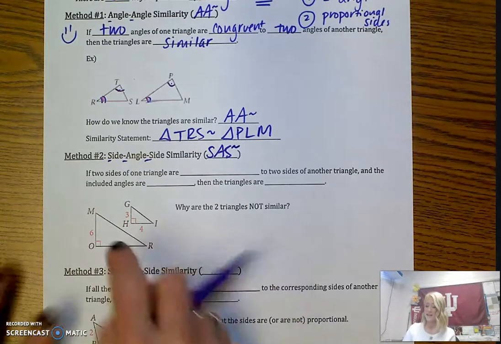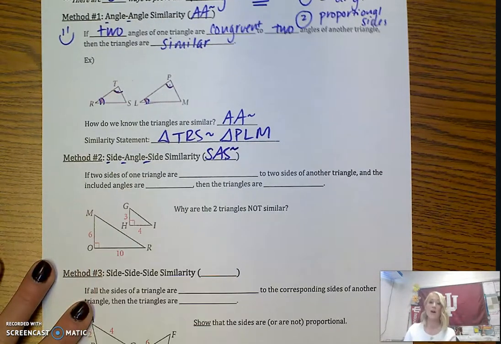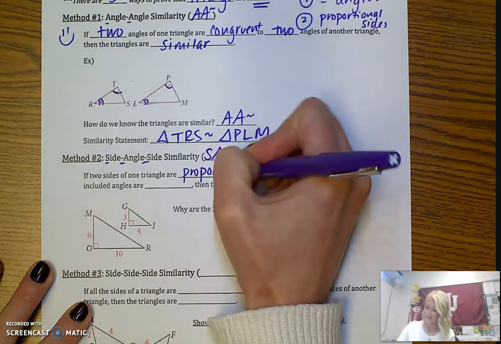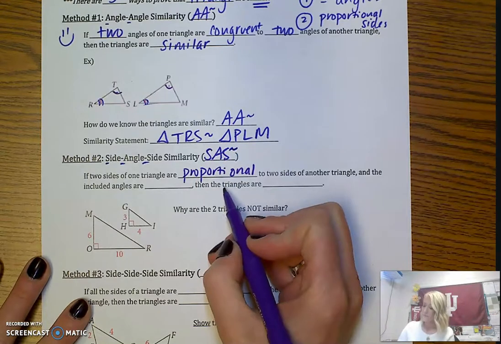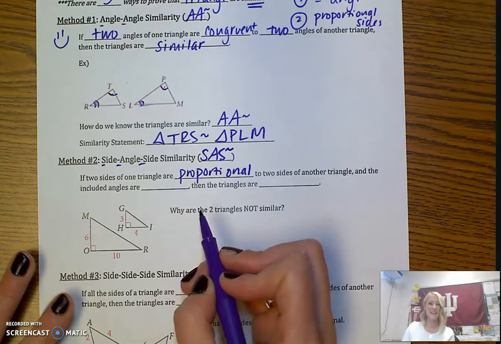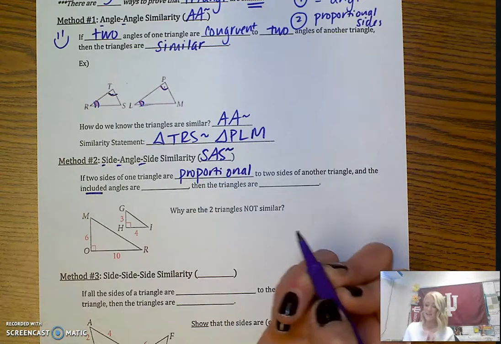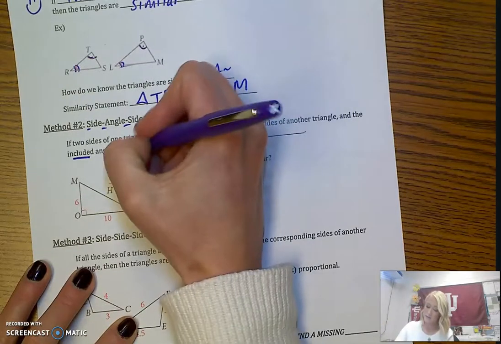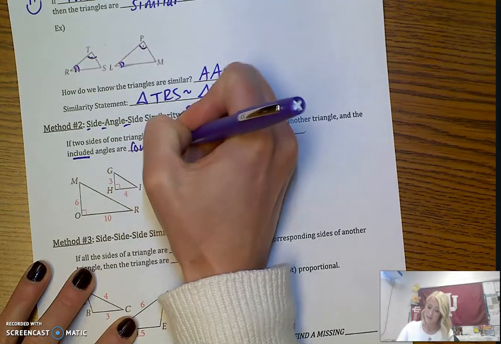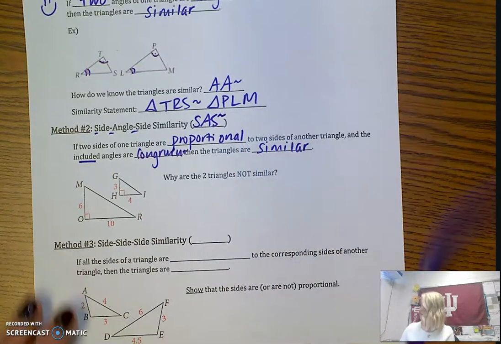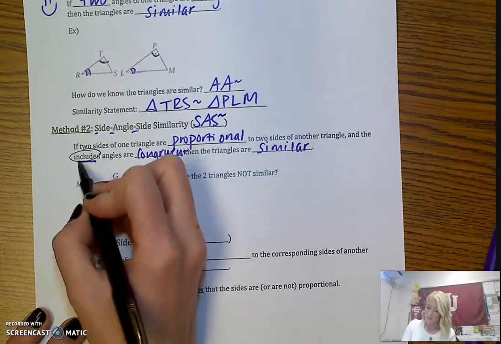What this method says is that if 2 sides of one triangle are proportional, I hate that word, hate testing fractions, to 2 sides of another, and the included angles are congruent, then that's enough information to say the triangles are similar. So the included part, don't get weirded out about that.